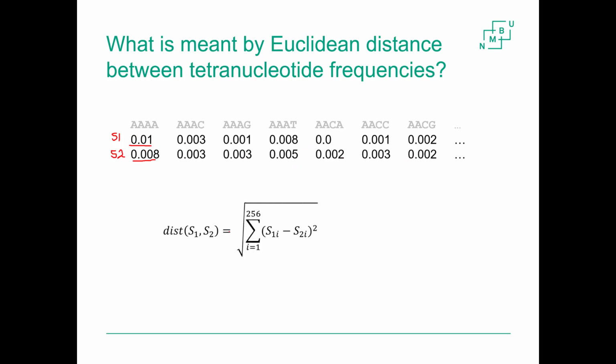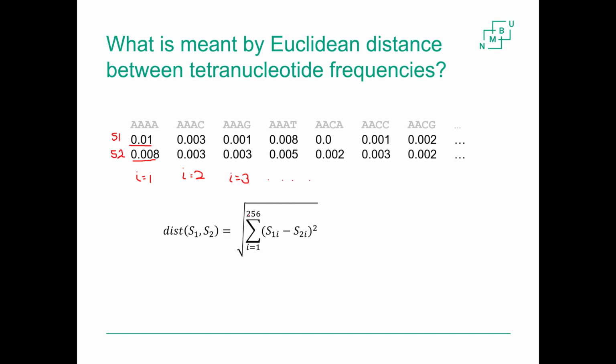Well, it's defined like this, the Euclidean distance. You let i here be which of the columns you look at. So here we have i equals 1, here i equals 2, and so on, i equals 3, so this is sort of a for loop, right? And so on.